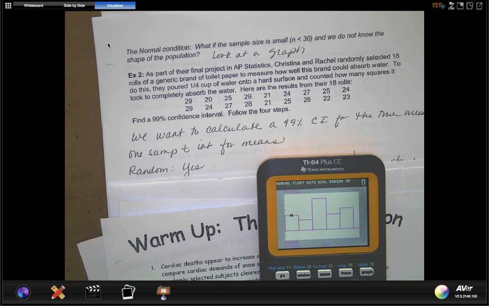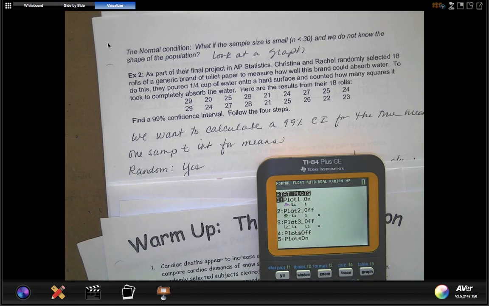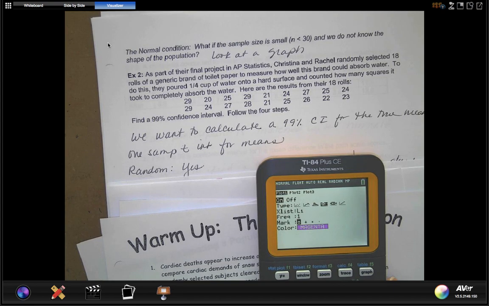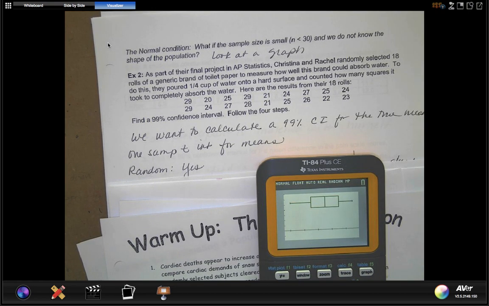There's no skew, I don't have any outliers, so at this point there's nothing here that suggests to me that the population might not be normal. If you don't want to look at the histogram, look at the box plot. Make sure you pick the one with the outliers. I like to change the colors. Again, nothing here that makes me think my original population might not be normal.